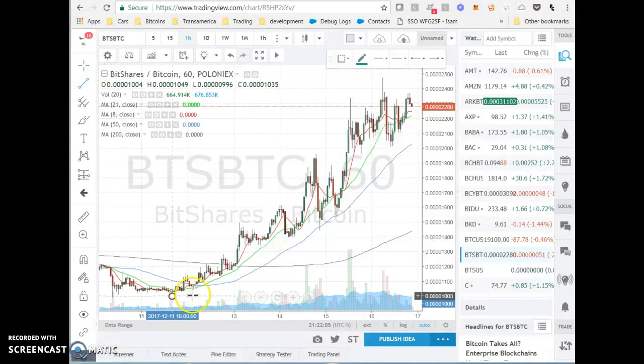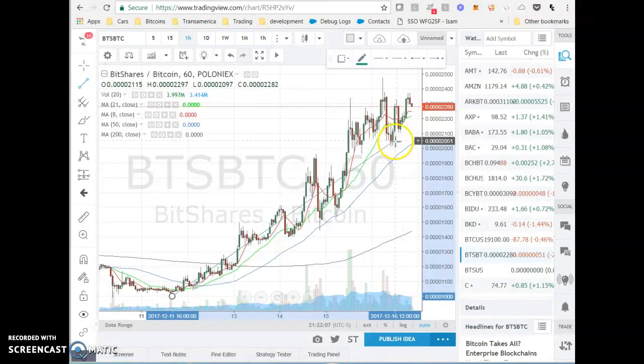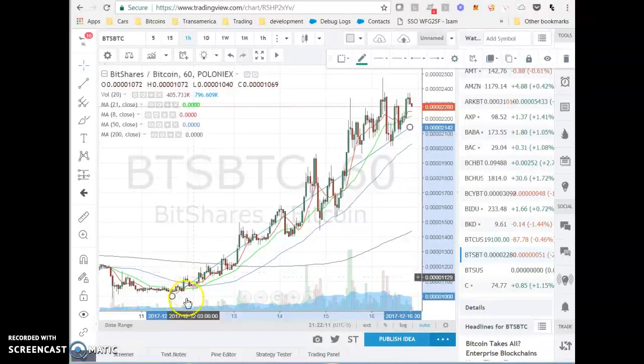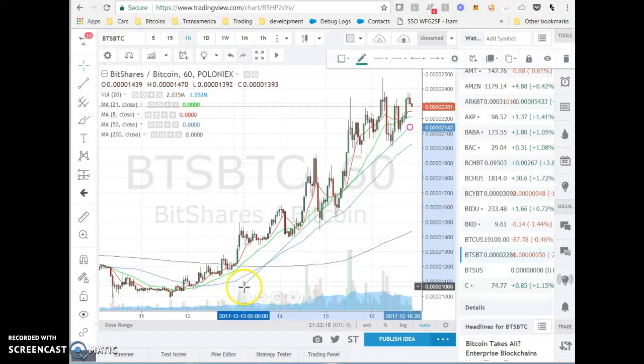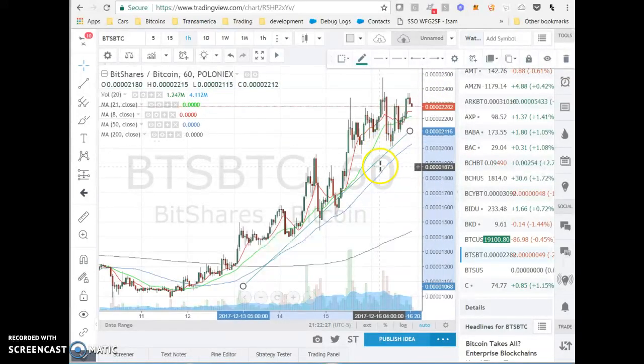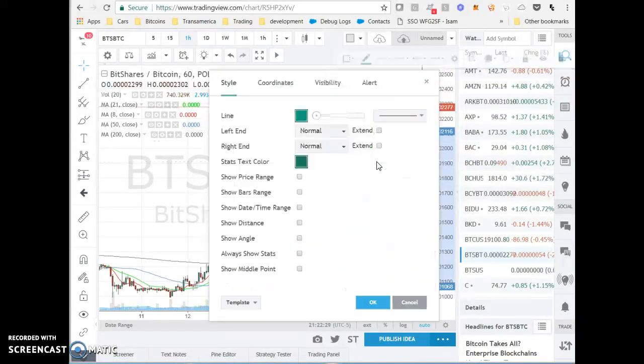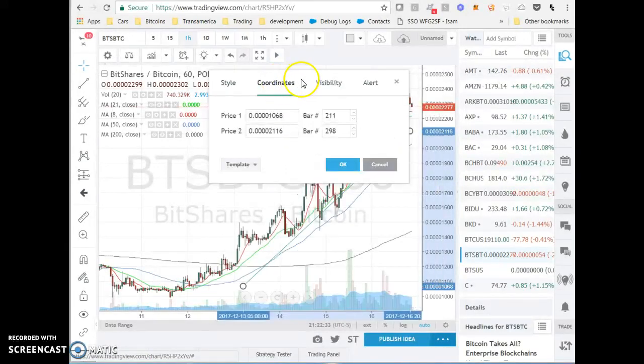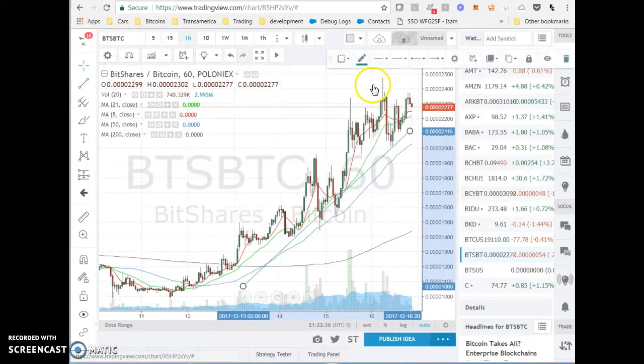So with that, I can draw a trend line from this point, and I'm going to adjust it after I draw it here. I'm going to draw this trend line from here to here, and I'll try to give it a little darker weight to show it.